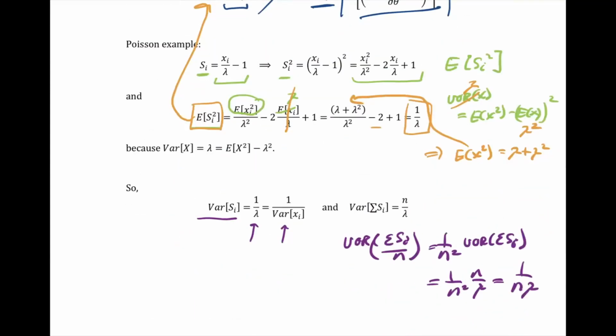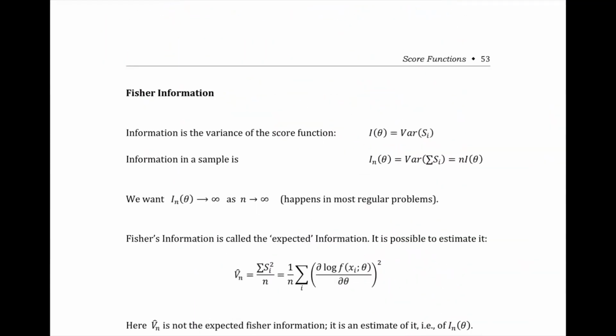And then I'm just going to give you some definitional names here. It turns out that the variance of the score function is an important thing, and we call it the Fisher information. It measures how much information is in the sample. Notice that I used the regular I here to be the variance of the score function, and I used I with the subscript n to indicate the information in a sample of size n.